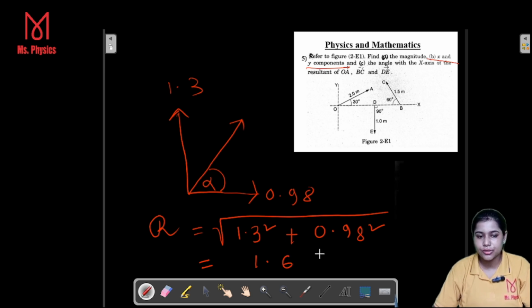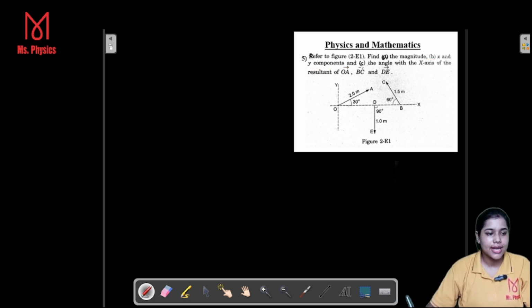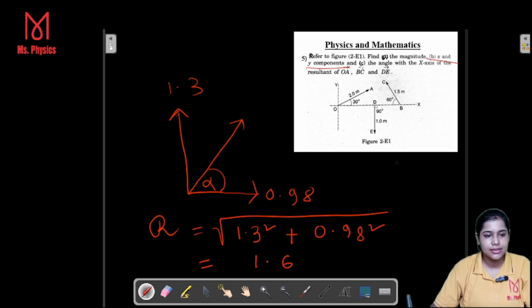If you do the calculation, you must put it in your calculator and check whether you are getting this result or not. After that, you have to find out the angle with the x-axis. Okay, so for the angle, from the figure you can easily write tan alpha is equal to what? Perpendicular over base, that is 1.3 over 0.98.